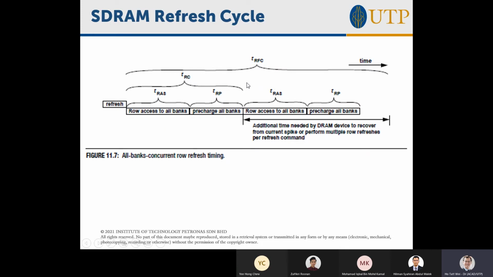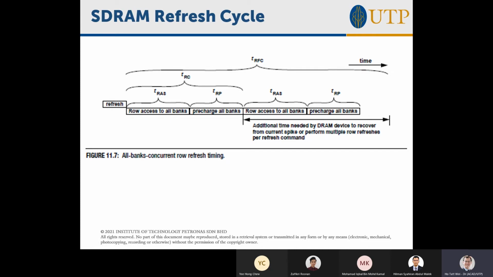And you have to implement a refresh cycle. A refresh cycle is, let's say there's no read and write. The bits in your SDRAM must be refreshed so that they don't leak and lose their value over time. So literally, you have to go in after a certain regular interval to refresh every single bit in your SDRAM.